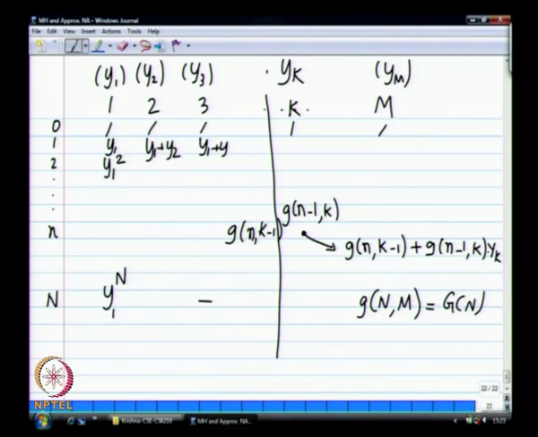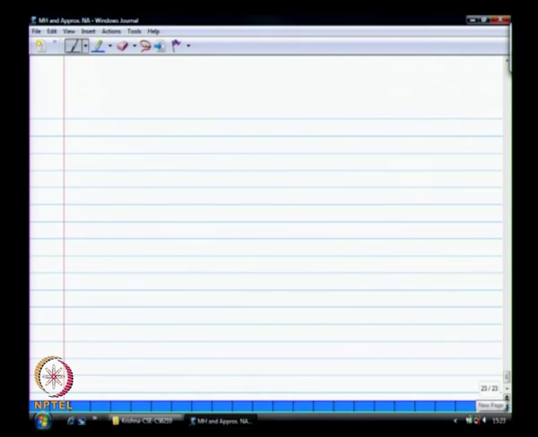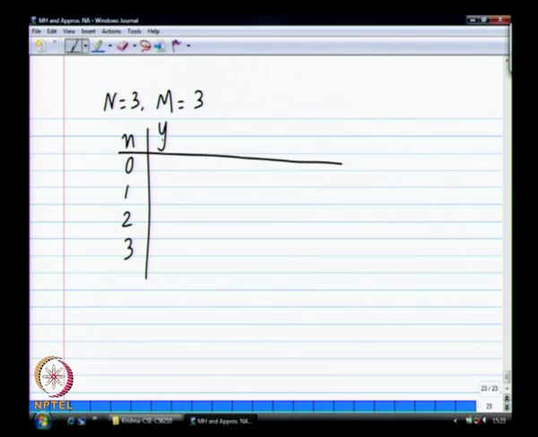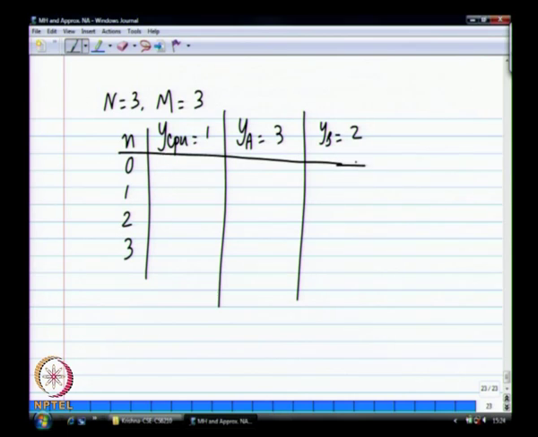Okay. So can you compute this for n equals 3, m equals 3? Since this is 1, this is very simple.